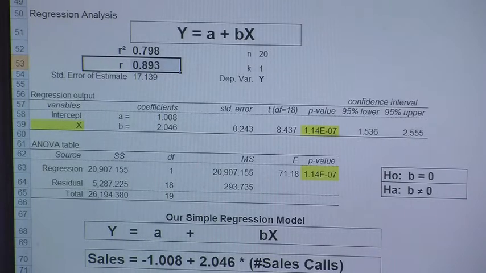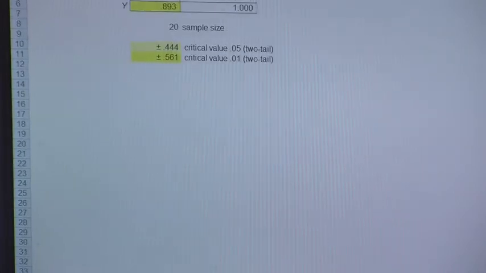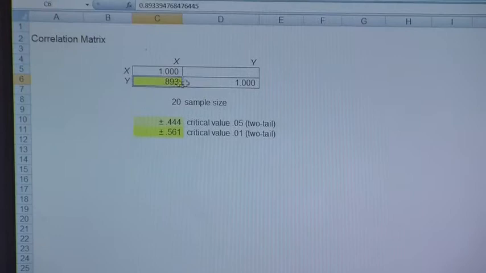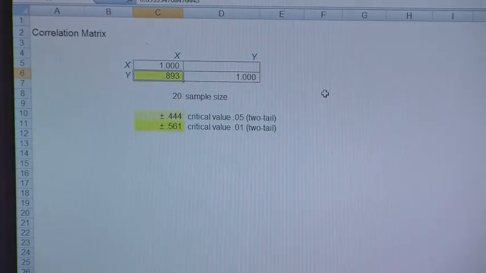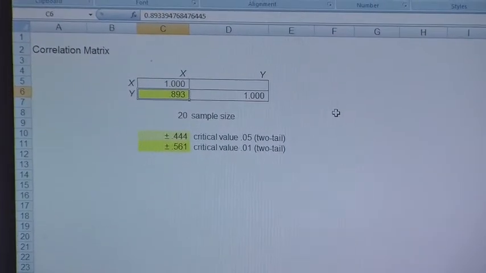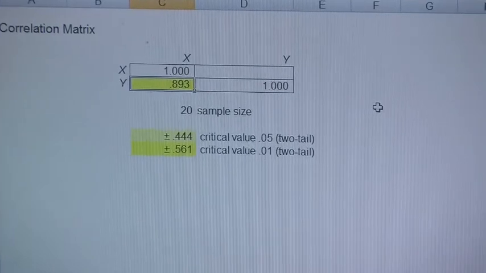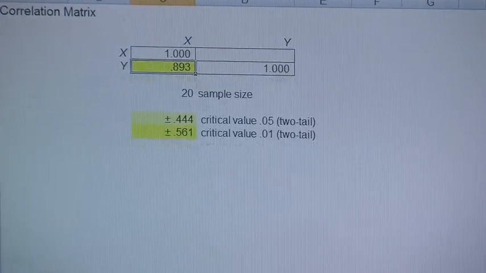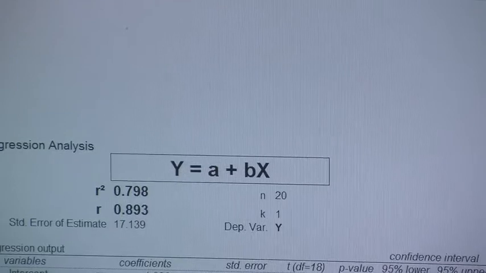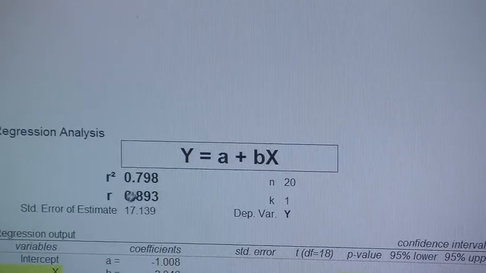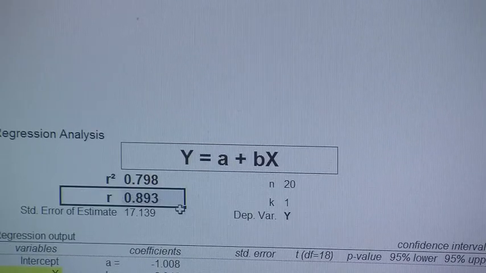I'm going to scroll up to the correlation matrix that we looked at in our previous mini lecture, and notice here that the correlation between variable x and variable y was 0.893. And not surprisingly, we get exactly the same correlation. After all, we're working with the same data. So we get the correlation coefficient between variables x and y in our simple regression output.